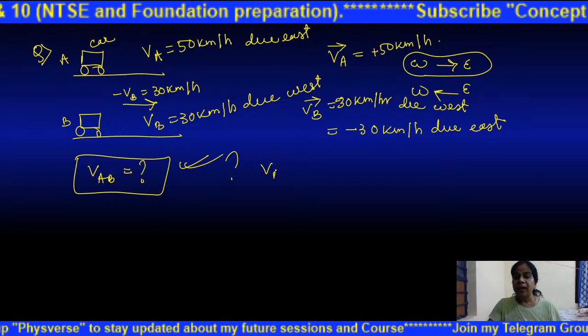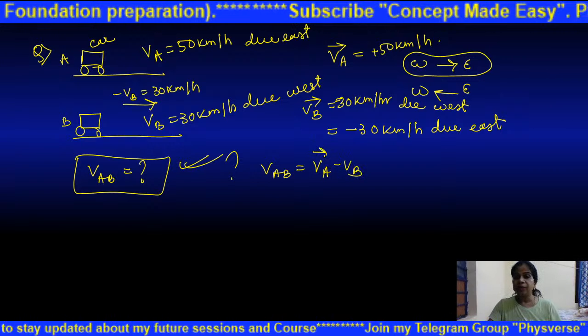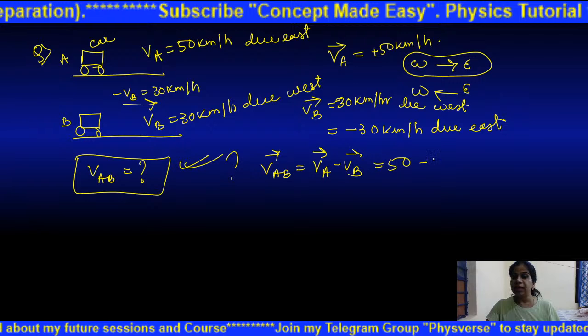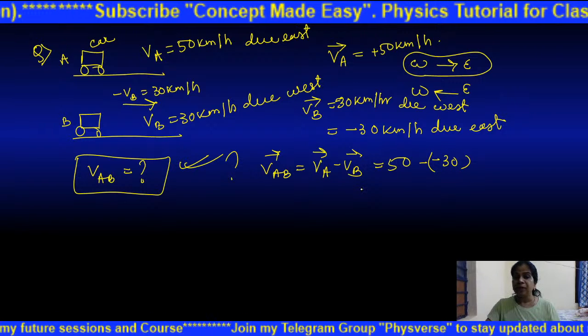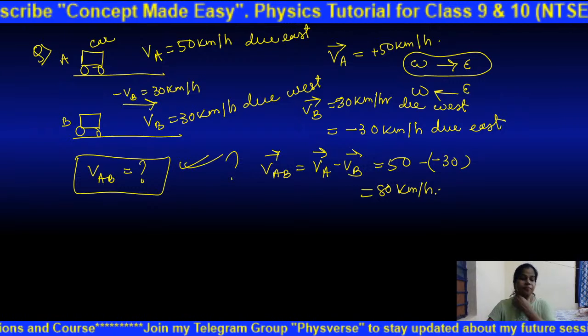So now VAB is equal to VA minus VB, that is 50 minus of minus 30, that is equal to 80 kilometer per hour. I think this is clear.